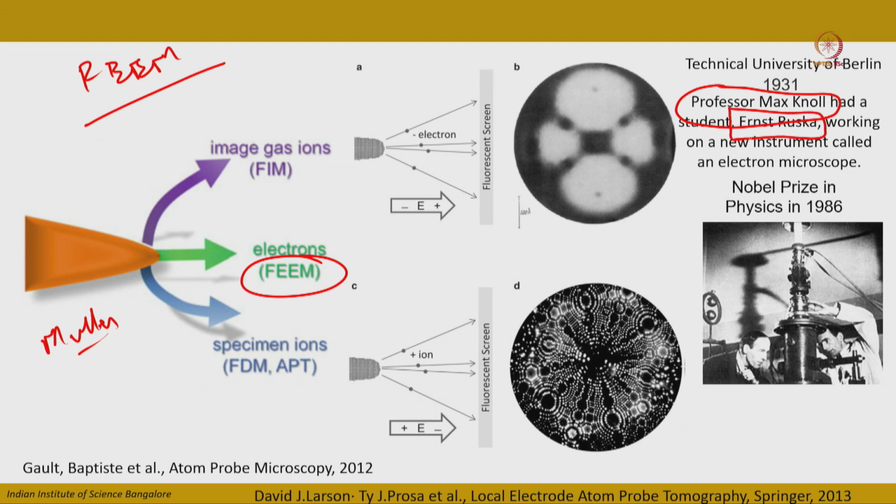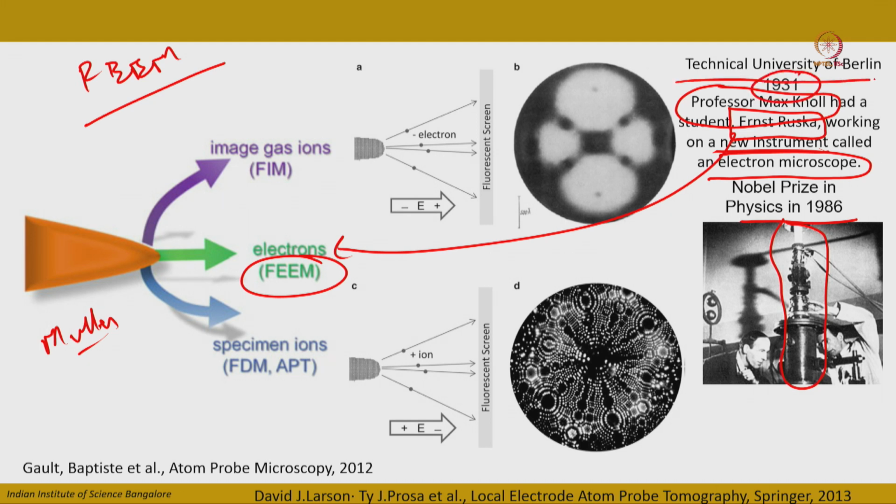He was working on a new instrument based on this, which is called the electron microscope, for which he got a Nobel Prize in Physics in 1986. So this was the first electron microscope, designed by Ernst Ruska, a student of Professor Max Knoll. It was designed in 1931.